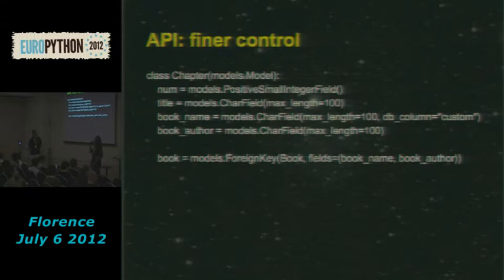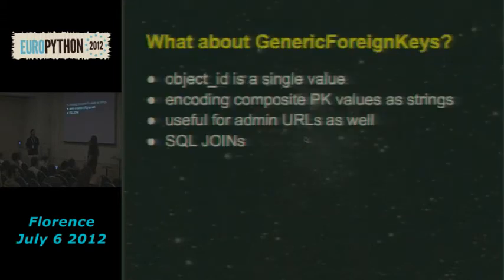So if you want to customize the database columns or any other attributes of the constituents of a composite model field, you have to specify all the required underlying fields explicitly, and then tell the foreign key or one-to-one field to use those instead of creating its own. So this is a short overview of the API. Let's talk about how we implement this.